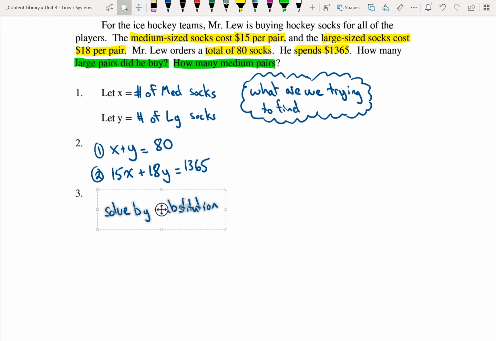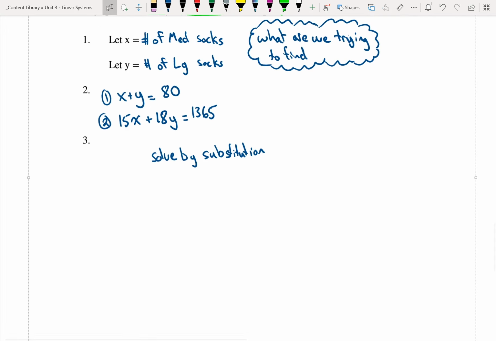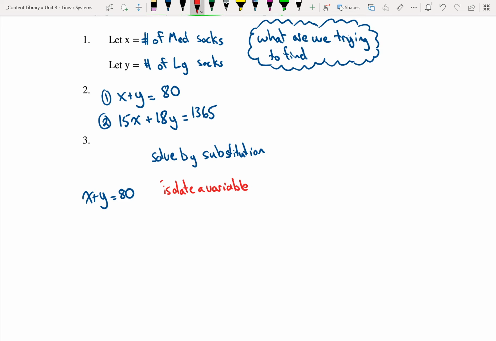Let's just take this and move it over. If I solve by substitution, I need to take one equation and isolate it for a variable. So I'm going to do that with equation 1 because it's very easy to do. I have X plus Y equals 80, and my goal here is to isolate a variable, so get a letter by itself.